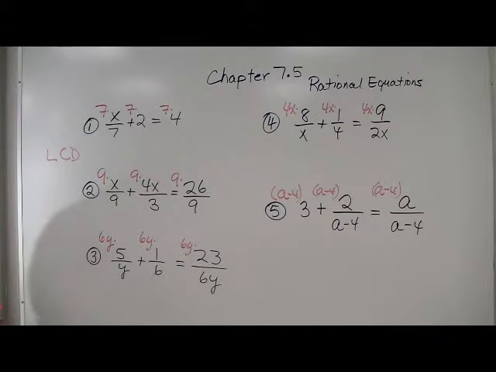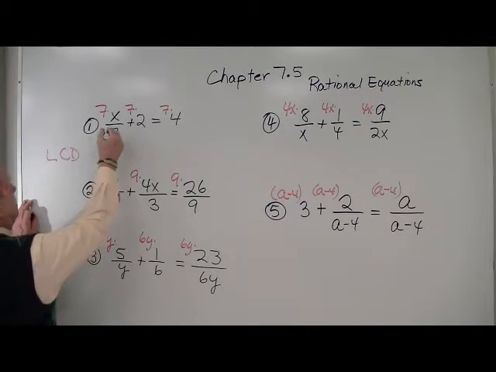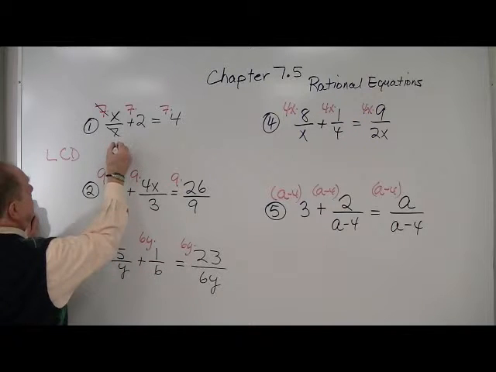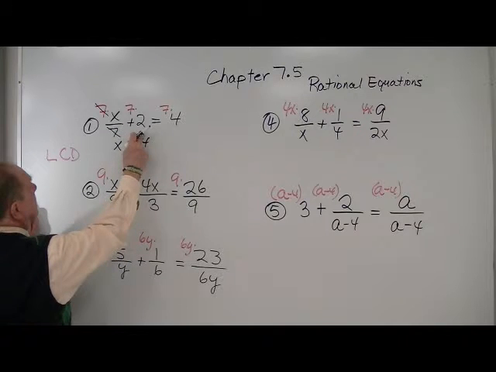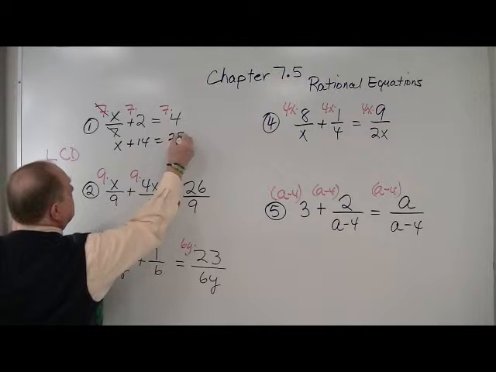And now we multiply through. Here the 7 cancels out. And we get x plus 14 equals 28.